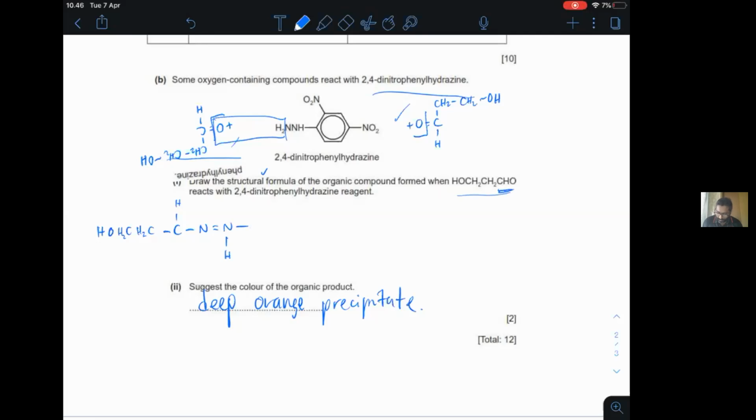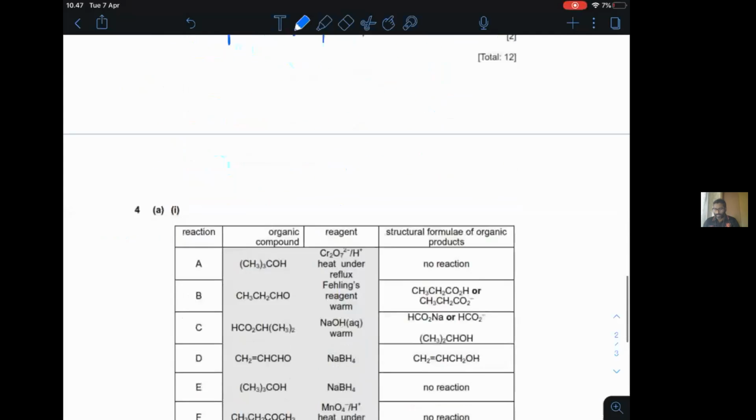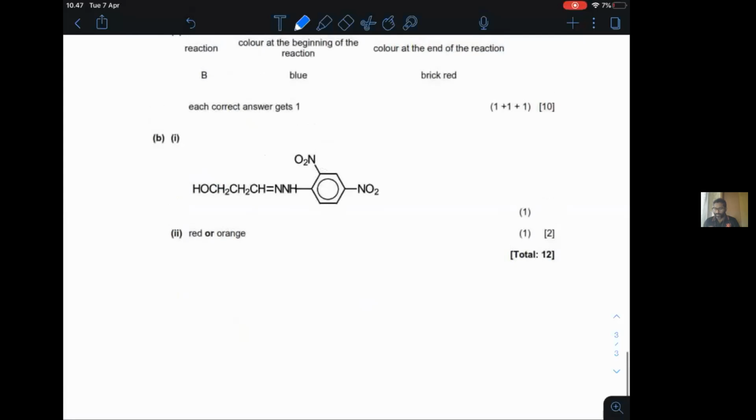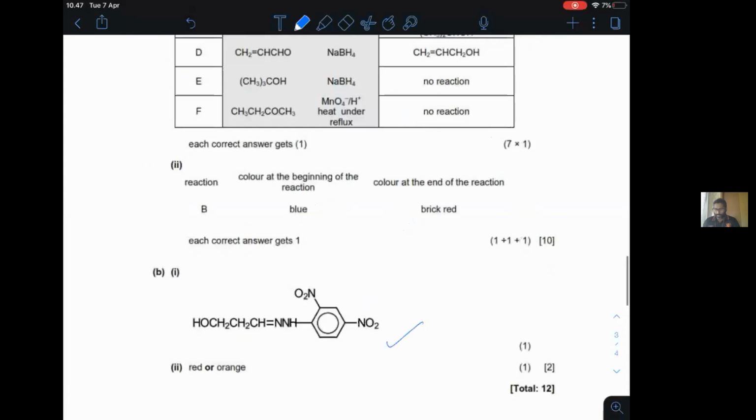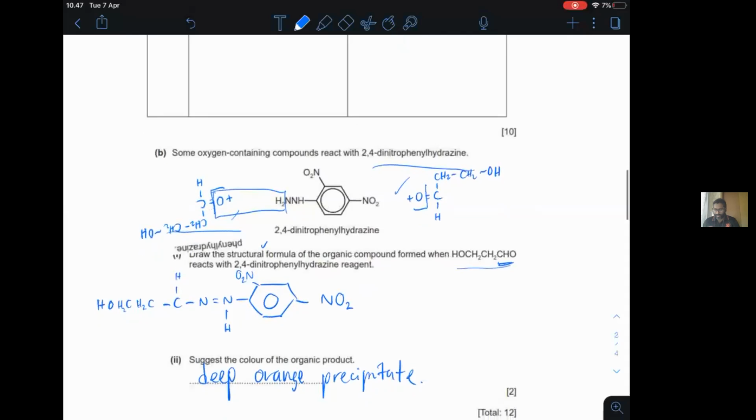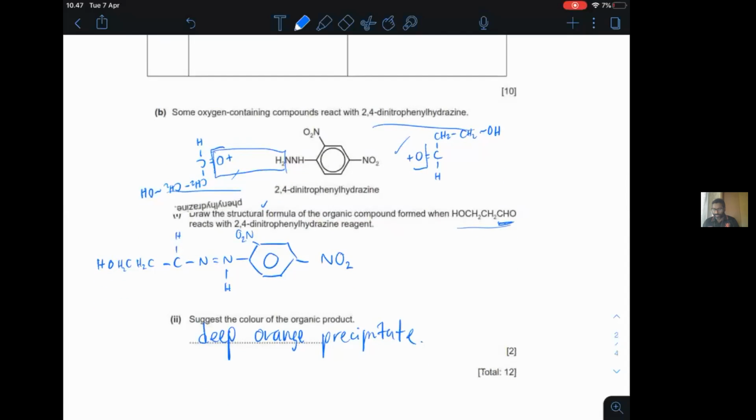This one bonded to here, NO2. This is going to be the formula, but if you want to change it into structural formula, you see this is what they want you to write. I think we already wrote it, so we just need to rearrange.